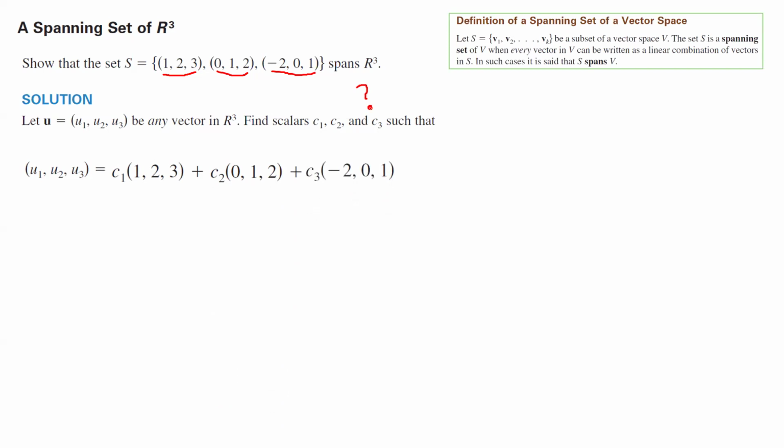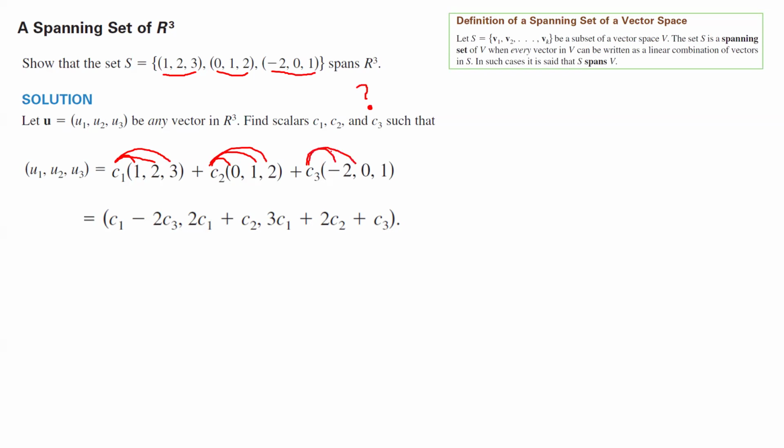What are those c values? Well, the easiest way is just to distribute c1 here and then distribute c2, distribute c3, and then combine them together as you saw in the previous example.